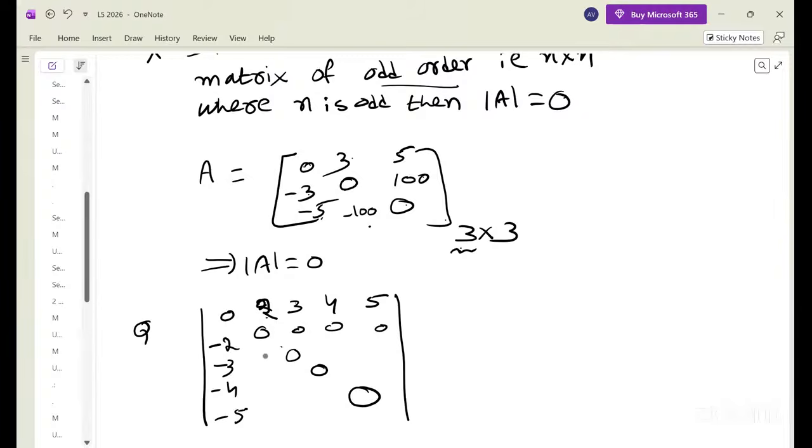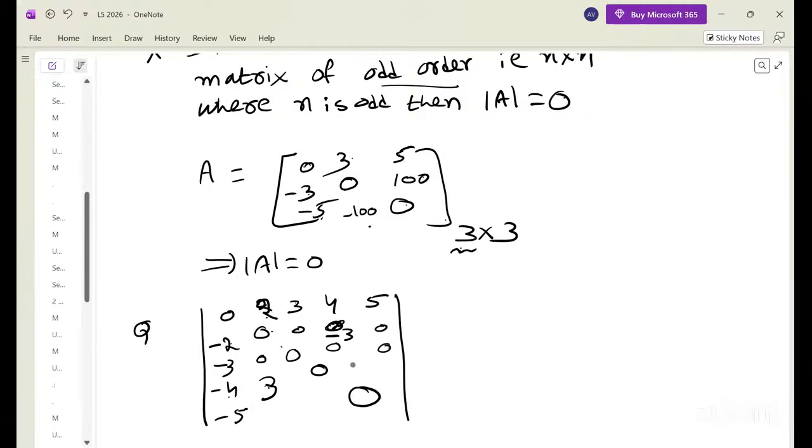They should be vertically opposite, with opposite sign. There may be zeros also. Or whatever I am taking here, this is which position? A2,4 and A4,2 should have opposite sign.